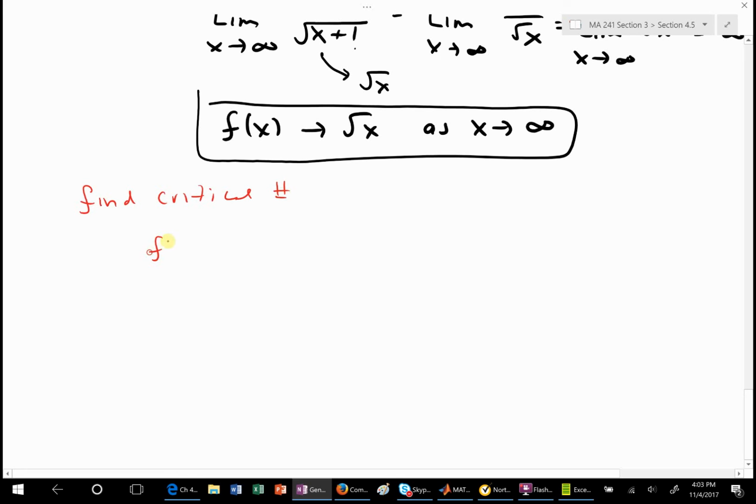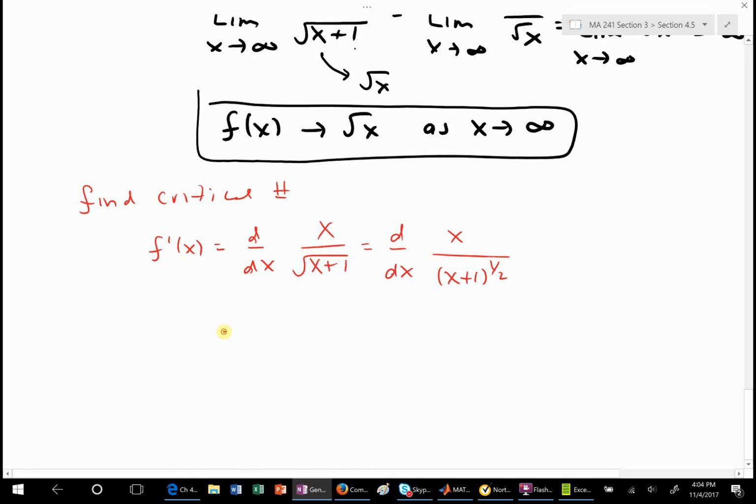So the first thing I have to do is take the derivative. Okay. I know that's going to be what? A quotient. Okay. And I could write this, since I'm going to be taking the derivative of the bottom, right? I'm going to write it like this.